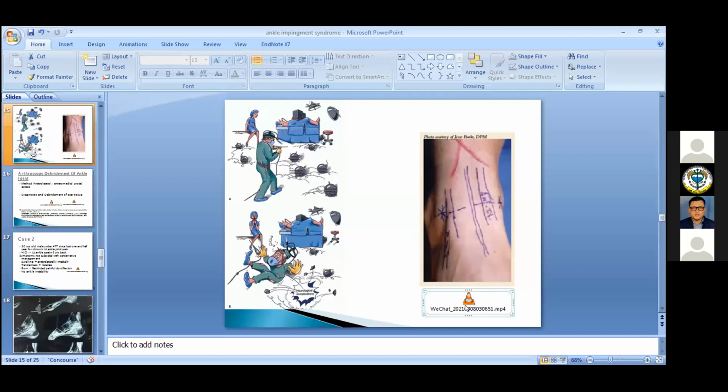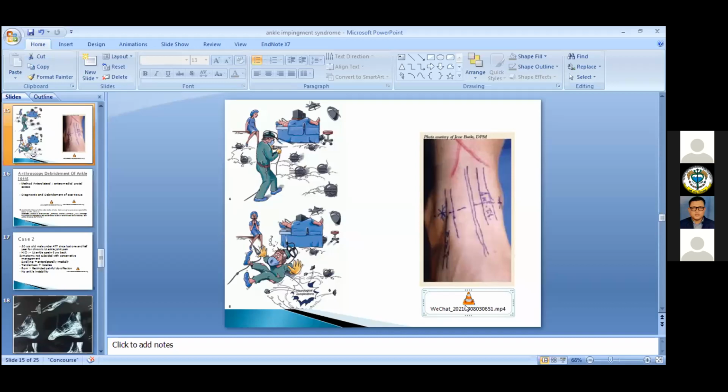So there is a soft spot you can see during the marking. And the main thing at the lateral side is the superficial peroneal nerve, which is visible on a thin patient, grossly on the skin.